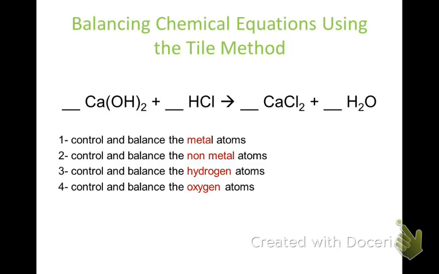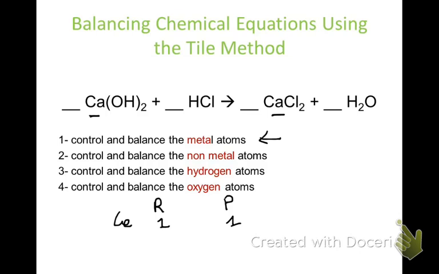First, I have always to check the metal atoms. So if here I write reactant and products, I start from the metal, in this case calcium, and I have 1 and 1, so calcium is okay.